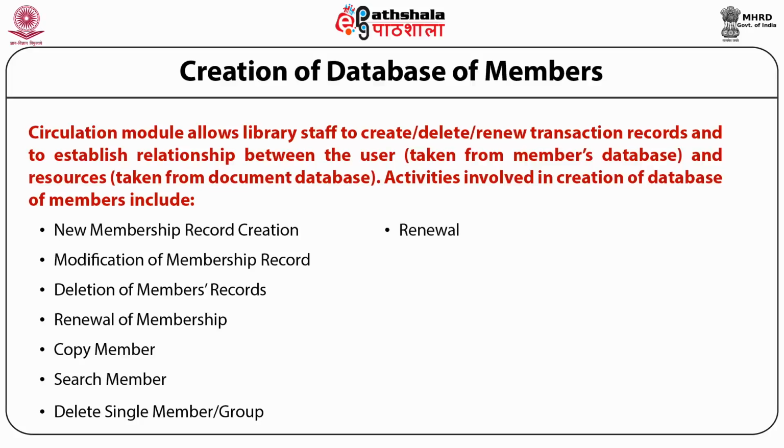There are two options for renewal of membership record, either renewing single member or renewal of a given group of members. Number 9, no due certificate. No due certificate of members can be generated in bulk by selecting institute followed by the department, category and course or designation within the department.